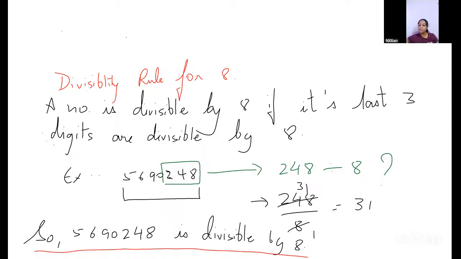Okay, so now moving on to the rule of 9. We will see the rule of 9.